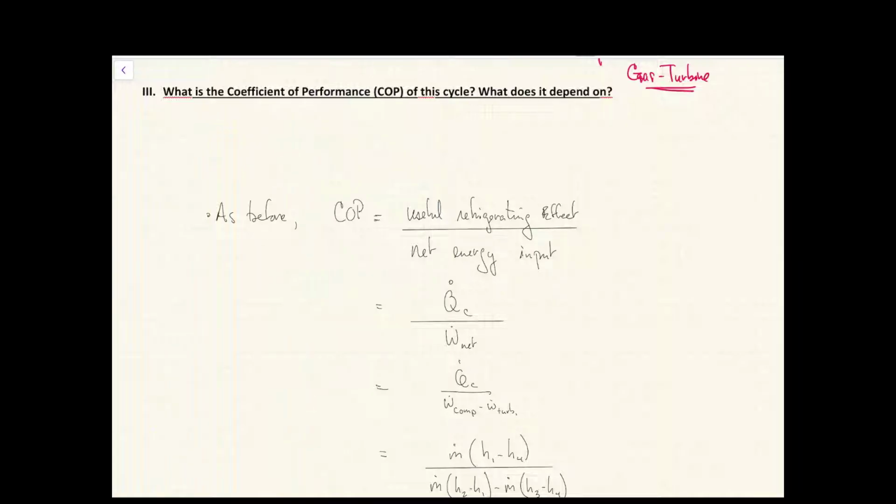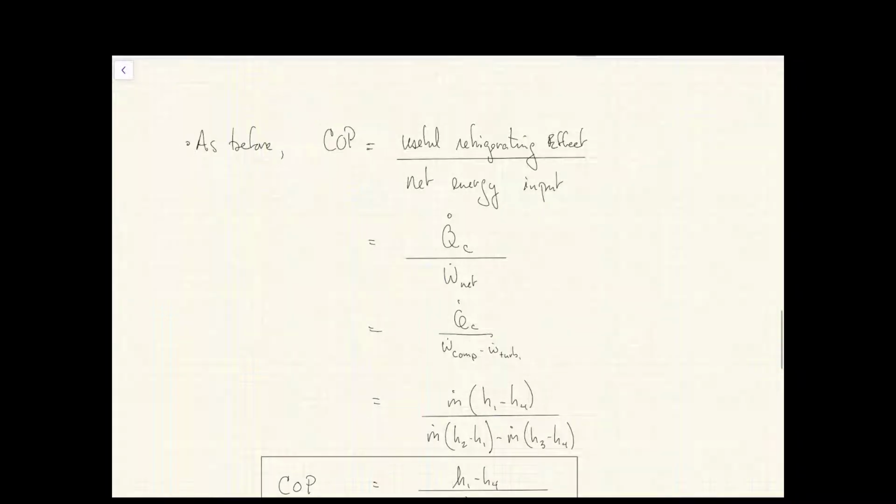What does that look like in terms of coefficient of performance? Let's take a look. As usual, as for any cycle, the coefficient of performance is defined as the useful refrigerating effect divided by the net energy input onto the cycle. And on a rate basis, that's the rate of cooling of the air divided by the net work into the cycle.